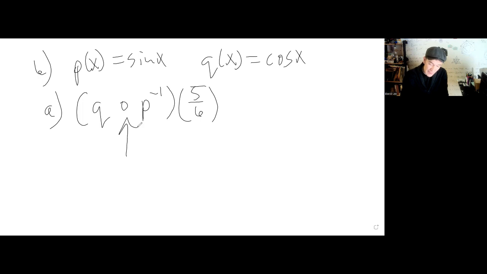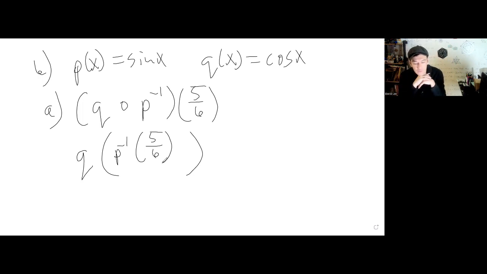Well, recall that the composition could be rewritten like this. This problem could be rewritten as q of p inverse of 5/6. But I know p of x, I know q of x. This says p inverse. What is p inverse?